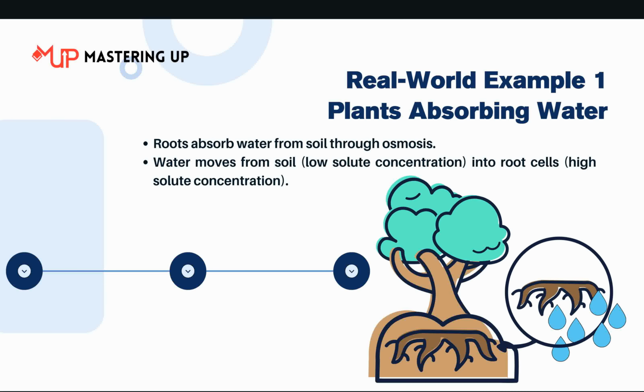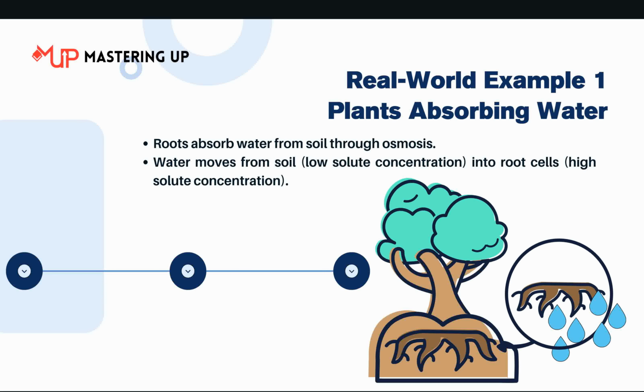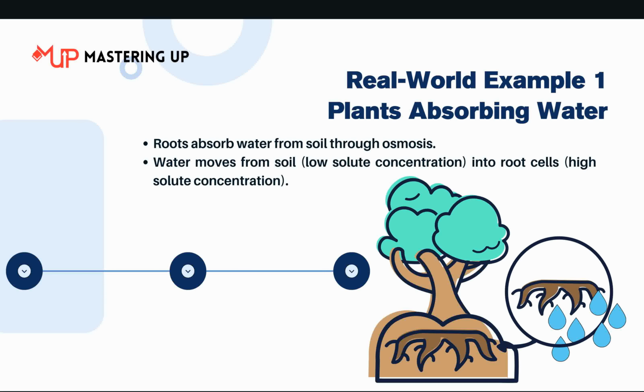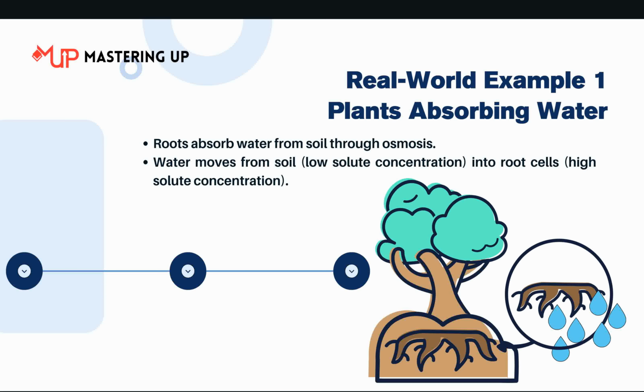Now let's see the real world examples. A classic example of osmosis in the real world is how plants absorb water through their roots. The water in the soil, which contains fewer solutes, moves into the plant's roots, where the solute concentration is higher.